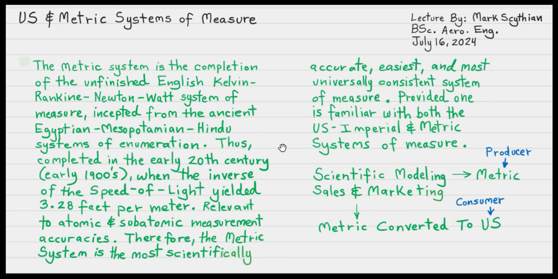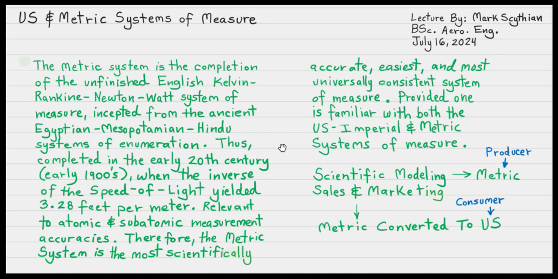The metric system is the completion of the unfinished English Kelvin-Rankine-Newton-Watt system of measure incepted from the ancient Egyptian, Mesopotamian, Hindu systems of enumeration, thus completed in the early 20th century or early 1900s, when the inverse of the speed of light yielded 3.28 feet per meter, relevant to the atomic and subatomic measurement accuracies.